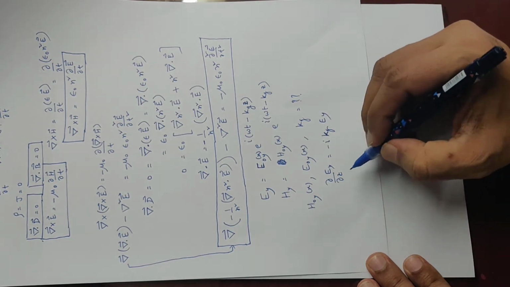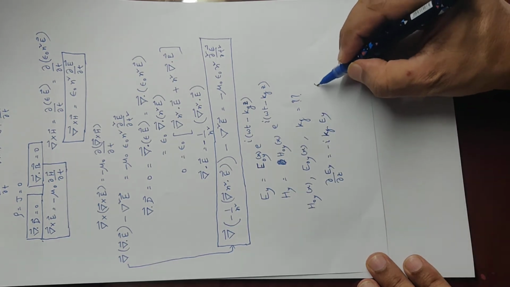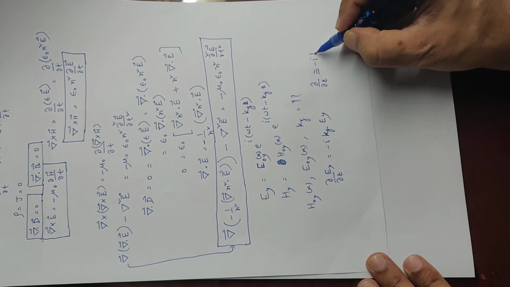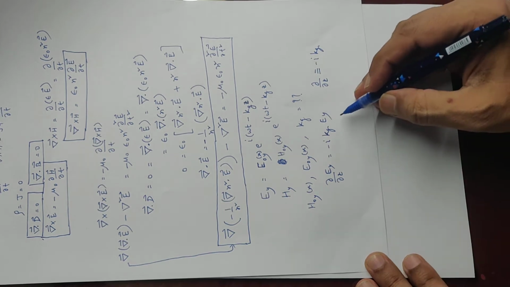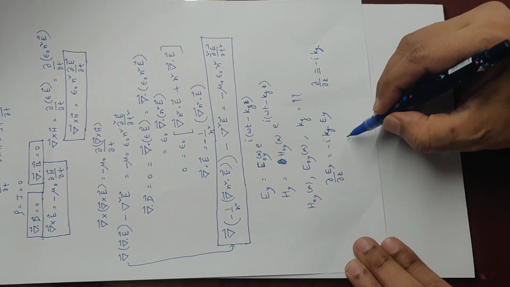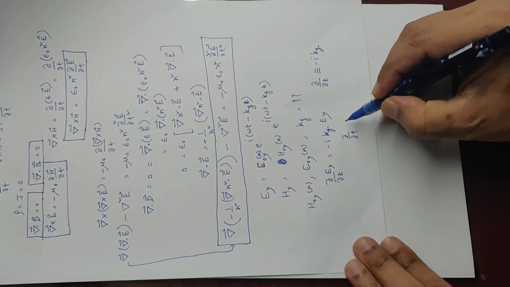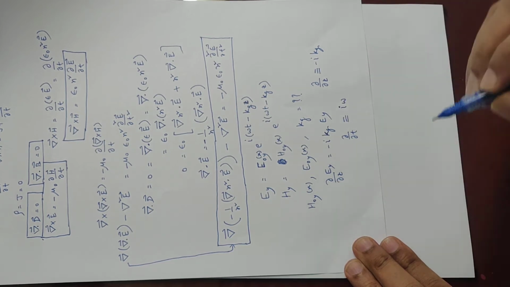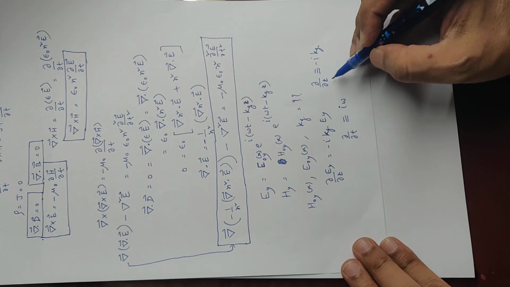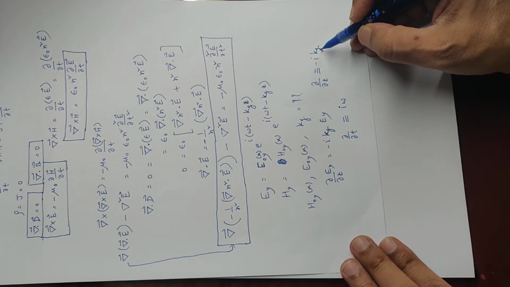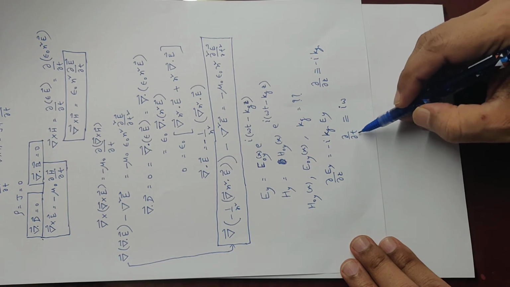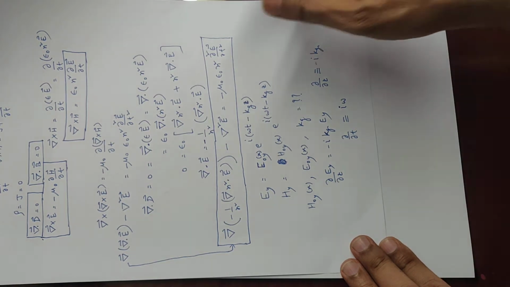So d by dz is basically replaceable by minus i kg, and similarly d by dt would be replaceable by i omega. So wherever we would have d by dz, we can replace that by minus i kg, and wherever we have d by dt, we can replace it with i omega.